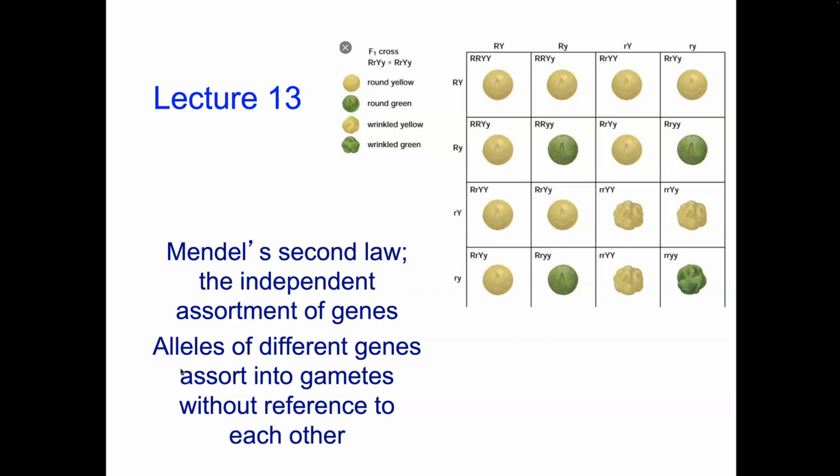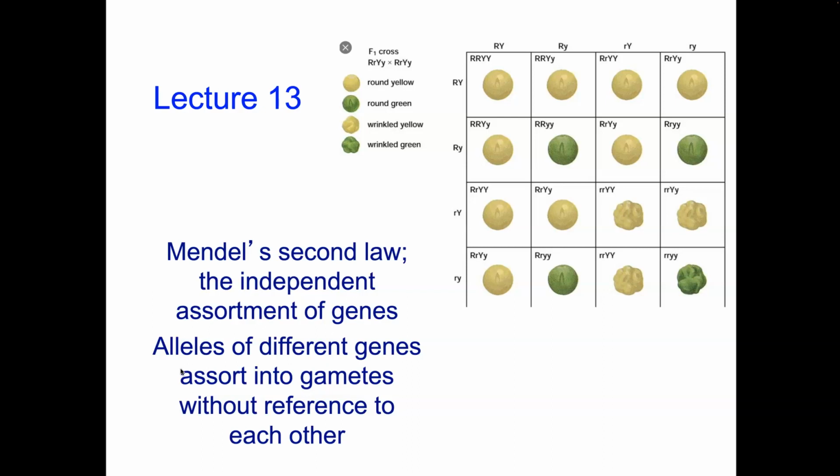So for example, the two dominant alleles didn't always go together. The two recessives didn't, the dominant of one and the recessive of the other. There was no preference for any particular combination. And so that is referred to as independent assortment.